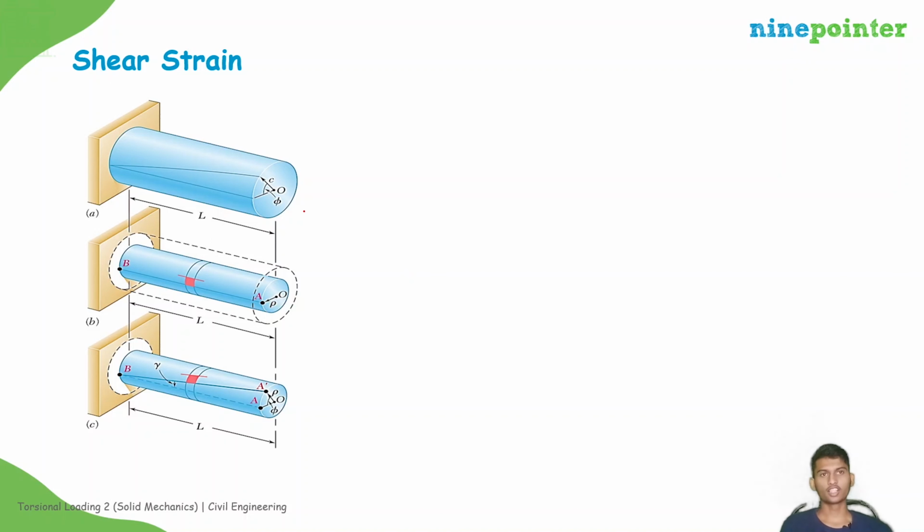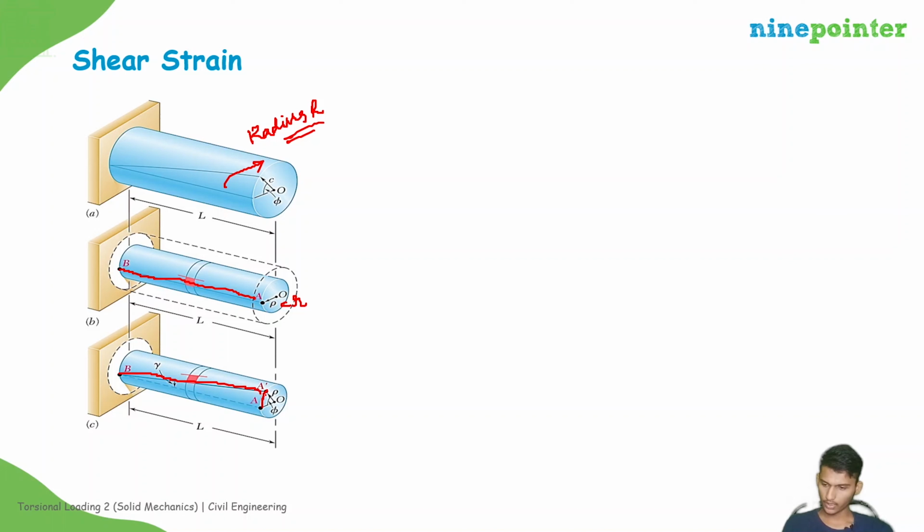So if you take a circular member with radius capital R, then if you take an inner circular element with radius r, then if you take a line BA, it will deform like this, right?